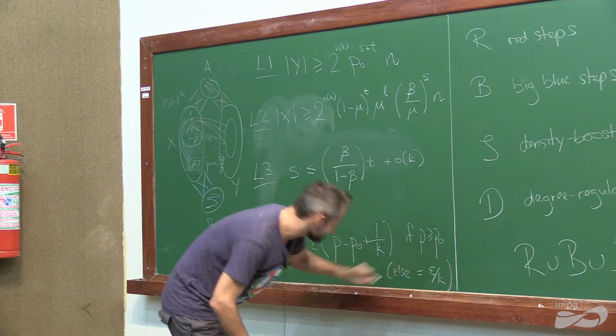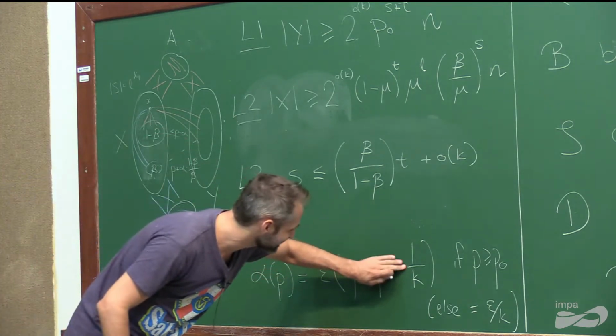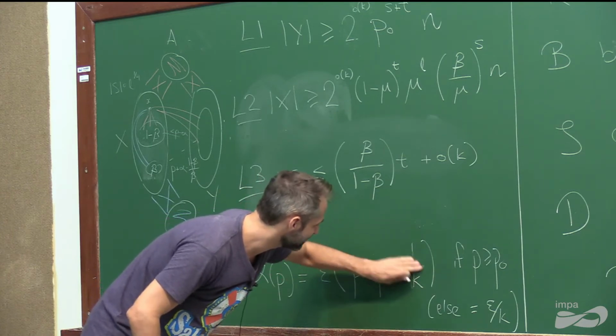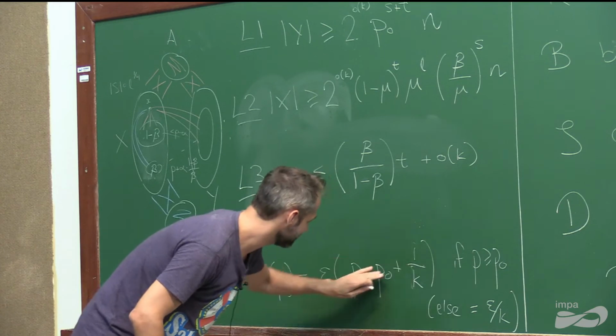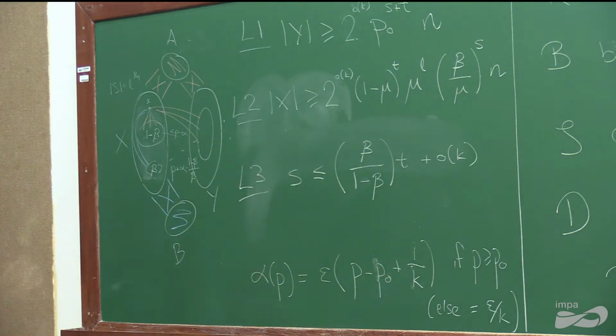It's probably not the greatest piece of board work in the world, but can you read that? Okay, so how would you deduce the lemma from these four observations?